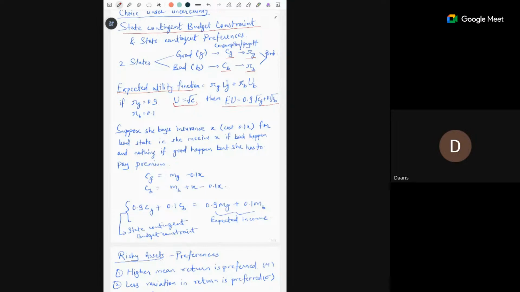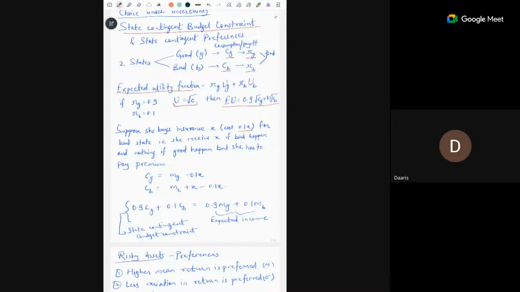If she buys an insurance which costs her 10% of the insured amount, it means if she wants insurance for X amount, then she has to pay 0.1 times X in the form of premium. And how does this insurance work? If the bad state happens, then she will get the insured amount.